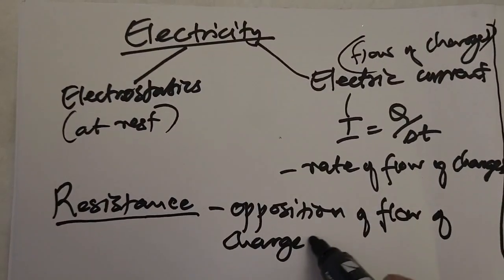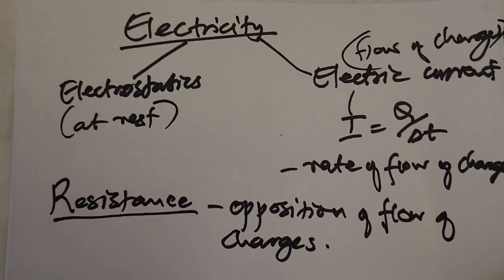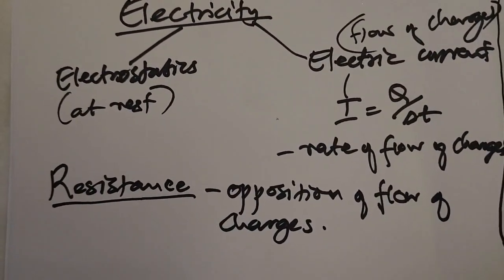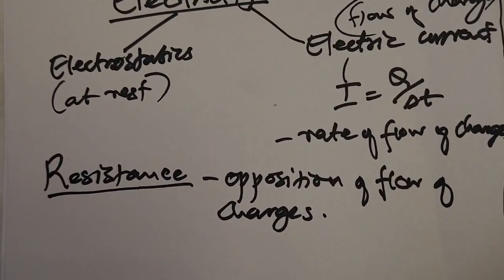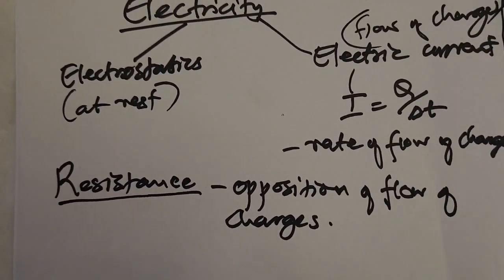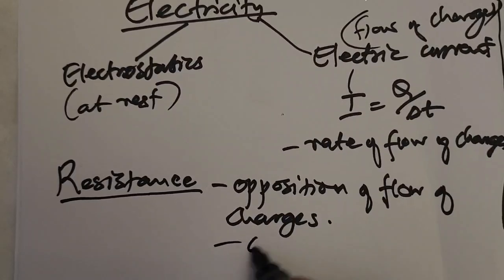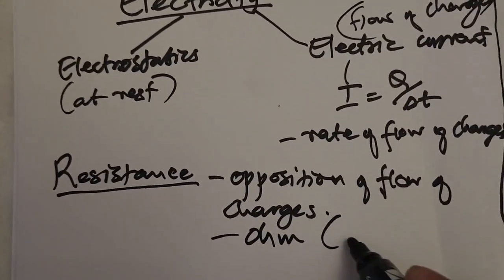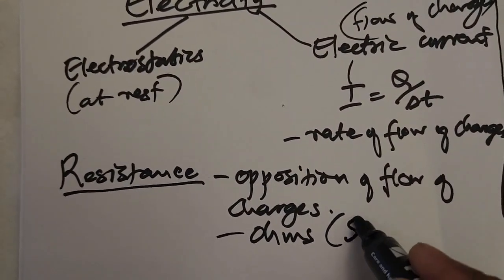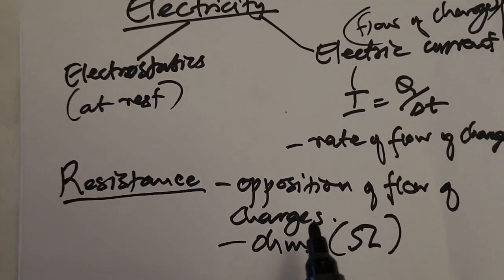When charges are flowing, they are not flowing easily. They are somehow resisted or restricted. That is resistance, and it is measured in ohms, which is your sign typical to an omega, for those who know omega.